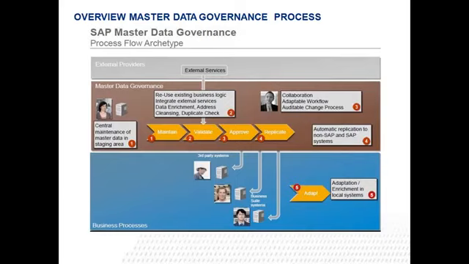Similarly, address cleansing or address enrichment. There is an SAP product which can provide us addresses. If I enter the street number and the pin code, it shows us the possible houses in that particular postal code and in that street.